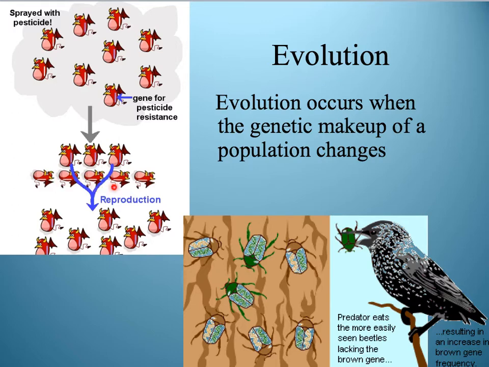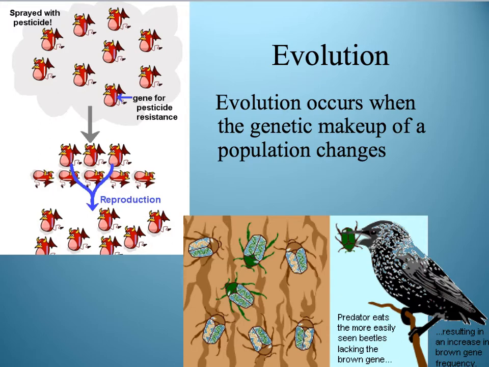So these ones down here don't make it because of the pesticide, and these survive. So those that survived have this pesticide resistance, they reproduce, and all of their offspring here also have the pesticide resistance. So the genetic makeup of this population has dramatically changed from a mixture of those with the pesticide resistance and those without to only pesticide-resistant flies here in the remaining population.